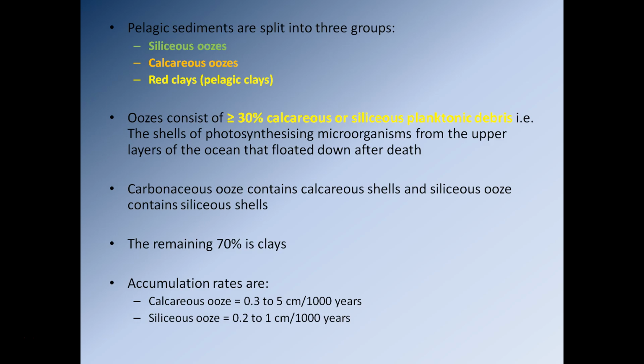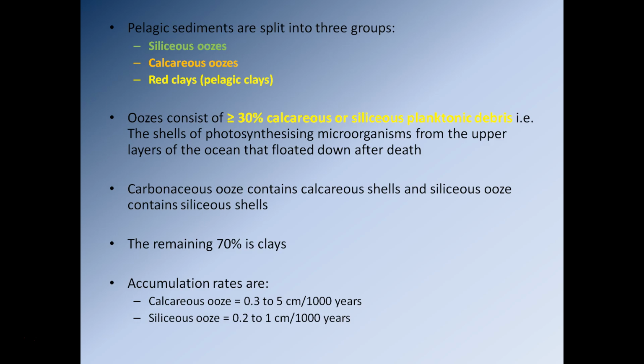And so when that organism dies, obviously the organic portion is going to decompose. However, the shell will slowly sink and will eventually make it to the seafloor. And obviously it will be incorporated into the seafloor sediments.